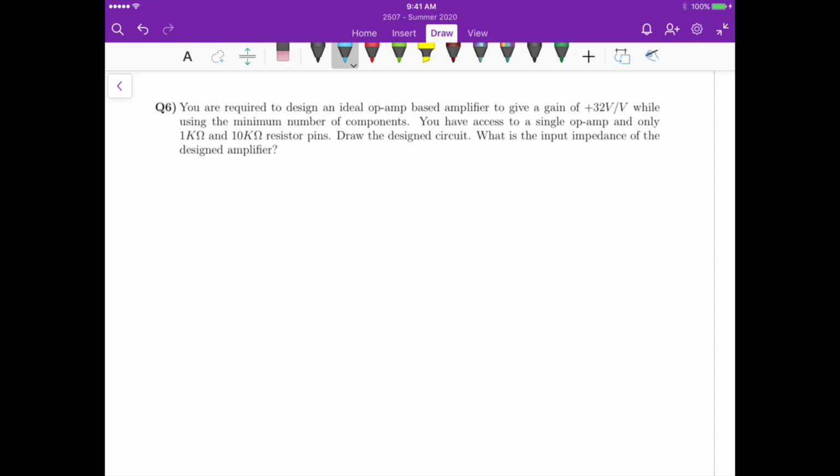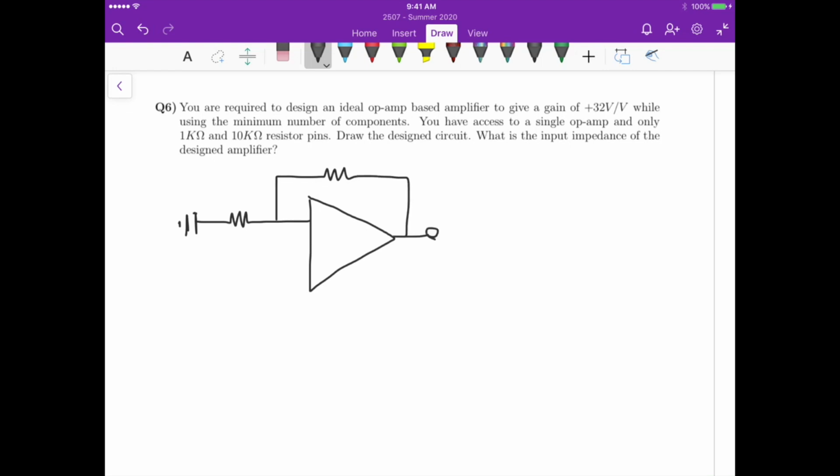And for this non-inverting amplifier, if you remember the voltage transfer function, first if we draw the circuit here, we have a resistor here, goes there, and then we have another resistor here, goes to the output here, and then we can just plug in our input here.